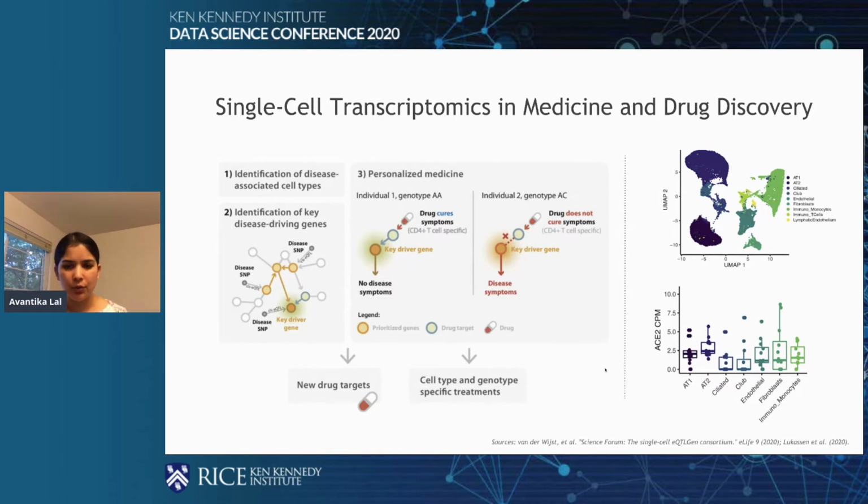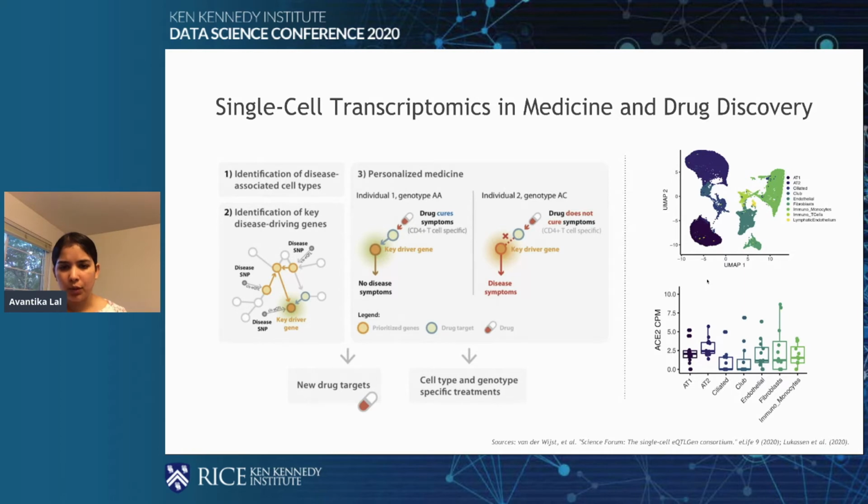If you look at the top right, you see a clustering plot. In the beginning of the pandemic, scientists analyzed a lot of single-cell transcriptomic data from the human lung. This plot shows the clusters of human lung cells that were discovered from such an experiment, showing the different types of cells that form the human lung.